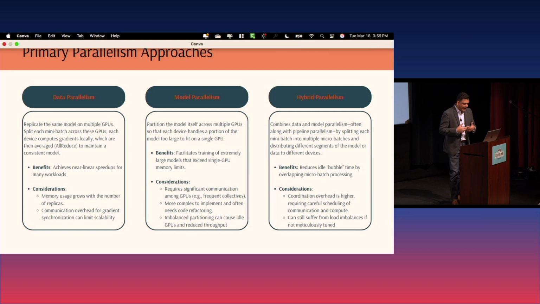Your overall memory usage grows as you create more and more replicas. The second thing, and this is common across any approach, is the communication overhead. Whenever you have more than one processing unit, you still need to communicate across those processing units to make sure that your training is converging in the way that you want.